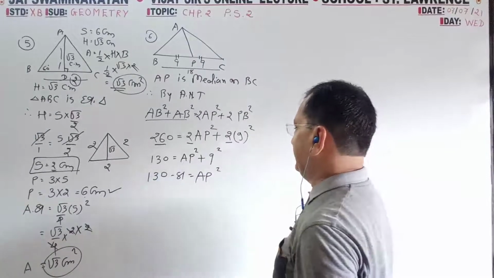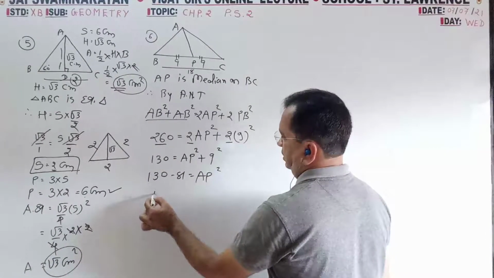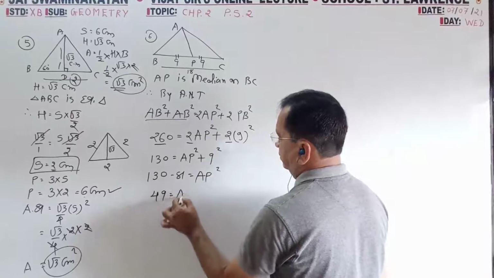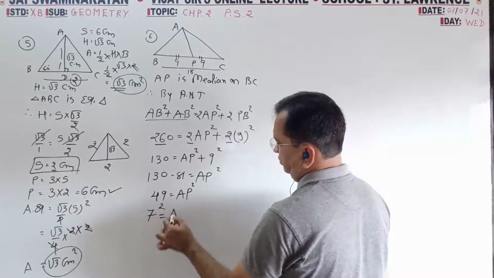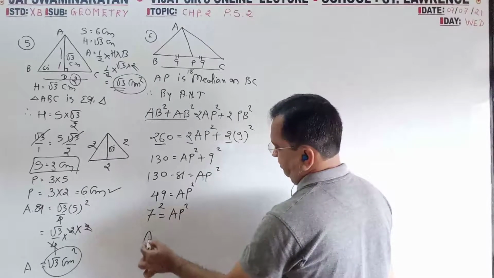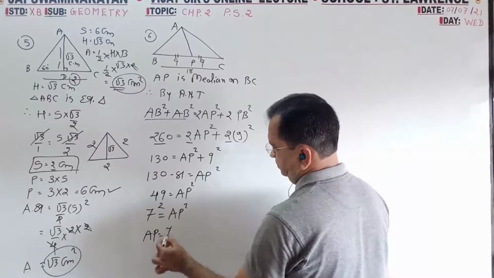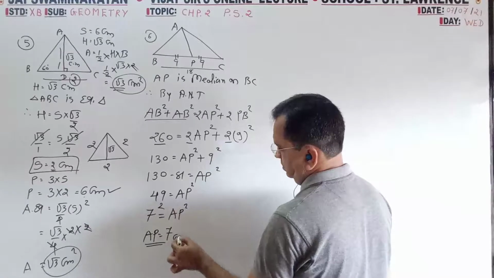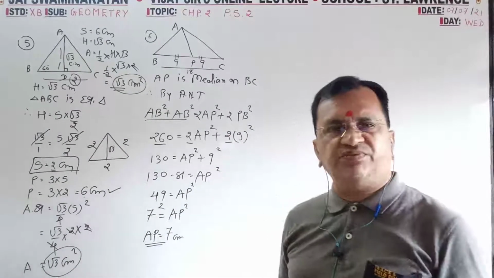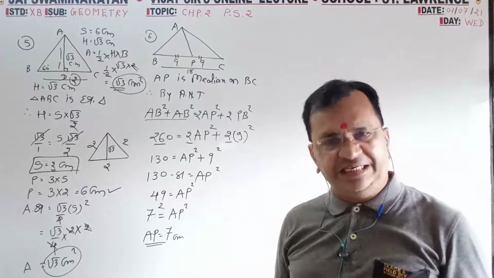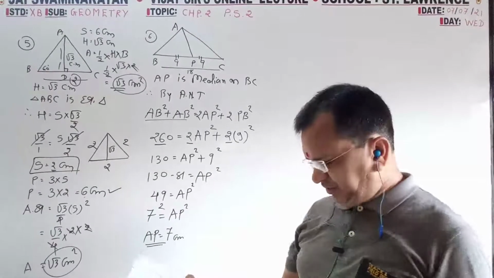So 130 minus 81, 49 is AP square. 7 square is equal to AP square. AP is equal to 7. So the question is for AP and AP is 7.